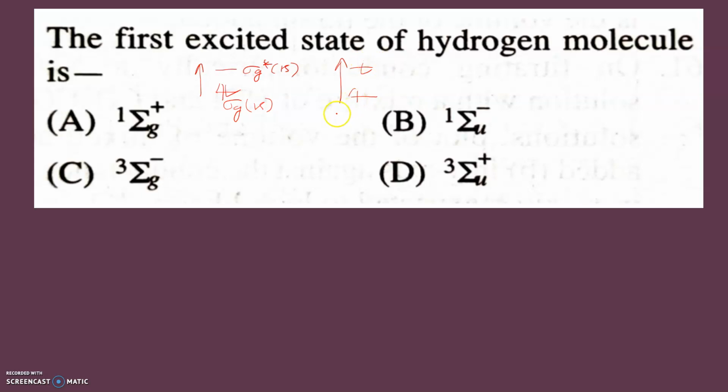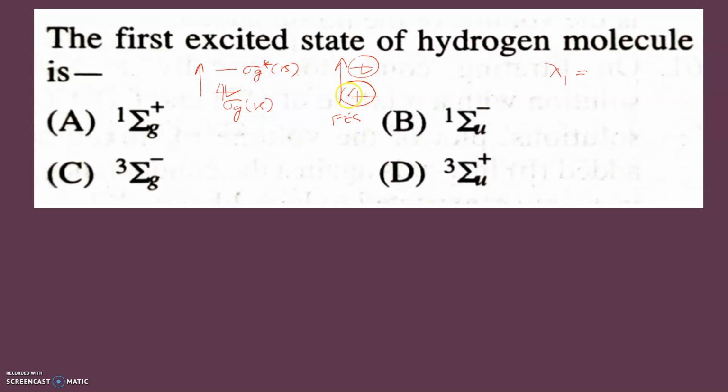So this is the first excited state where one electron is present in sigma g orbital, the other electron is present in sigma g star orbital. Now what is the term symbol that corresponds to this? We know very well the lambda value for electron 1.